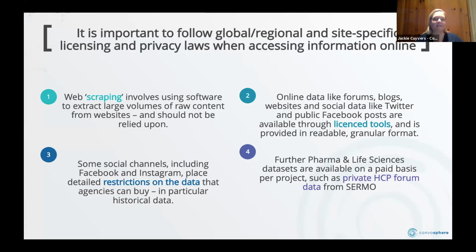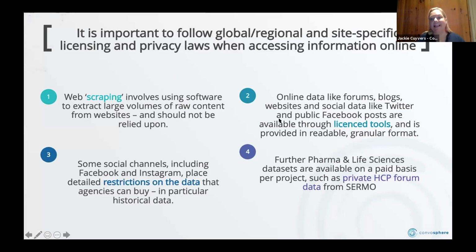And it's difficult to get historical information as well. So if ASCO is coming up, or another Congress that you want to gather all of the data for, you have to initiate that in advance and collect the data as you go along, versus looking historically, which might be difficult where you want to focus on social media specifically.